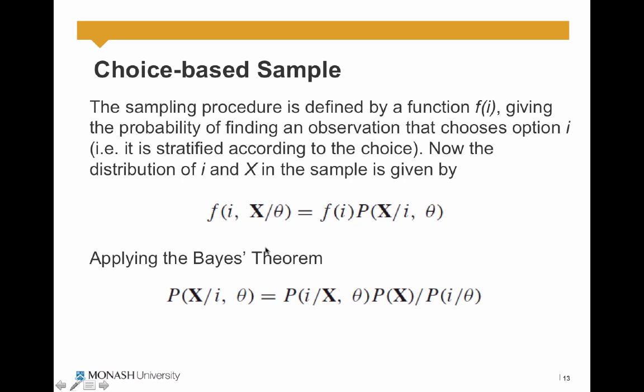If we apply the Bayesian theorem to this formulation, we can rewrite this equation as the equation on the bottom, where the probability of x conditional on I is equal to the probability of I conditional on x multiplied by px over pi conditional on theta.